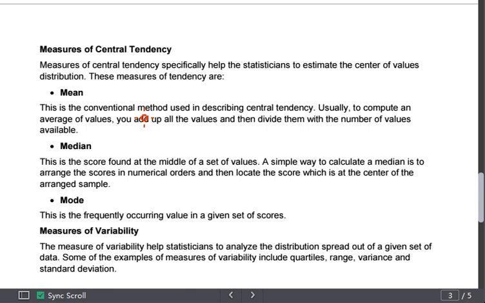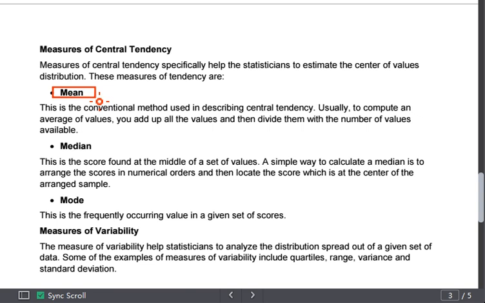So, I know that you are already familiar with this one. Kapag sinabi nating mean, this is your conventional method to use in describing central tendency. Usually, you are computing the average of values. You will add all the values and then divide them with the number of values available. So, let's say, for example, what is your average?